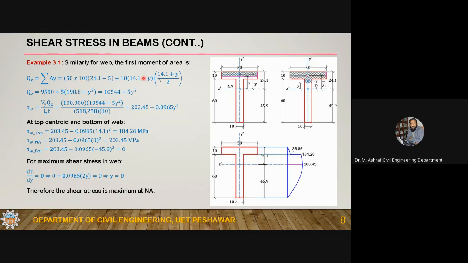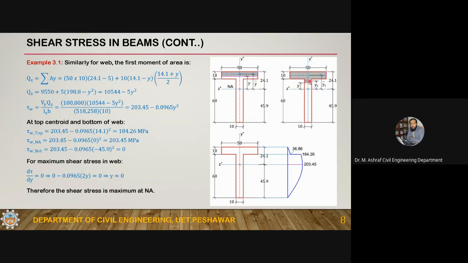So this is for this rectangle, 50 into 10 into 24.1 minus 5. And for this small rectangle, this is 10 into 14.1 minus y. This is y, so the remaining distance will be 14.1 minus y, because the top is 14.1.